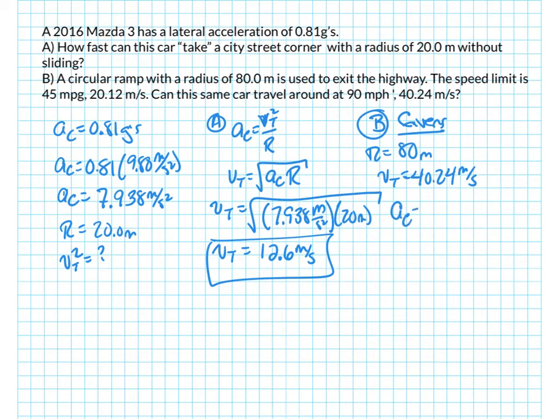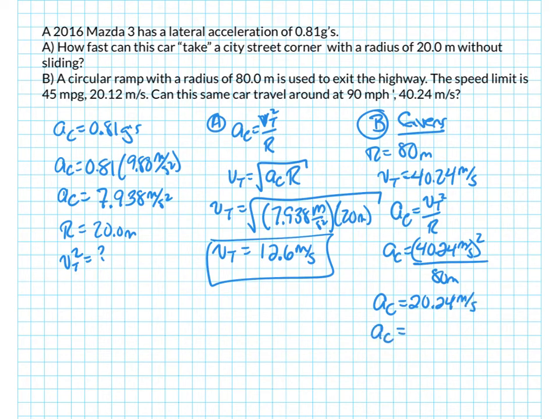So AC, I'm going to use the same equation as before, VT squared over R. So AC is equal to 40.24 meters per second, squared, divided by 80 meters. So AC is equal to, whoa, that's a big number, 20.24 meters per second squared.